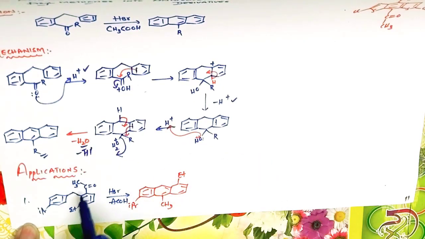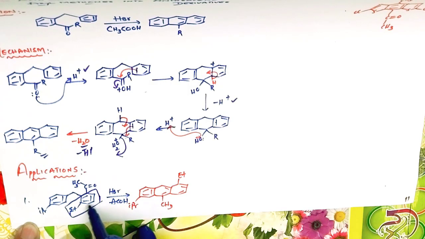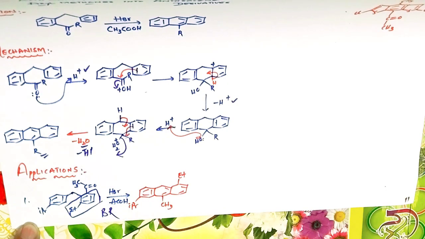Okay, let's see the example. If you see this moiety, consider this one. It is the benzene ring or not? Benzene ring is having acyl group or not? At the ortho position we are having CH2 benzene. So aryl methane. So it will be involving in which reaction? Bradsher reaction.